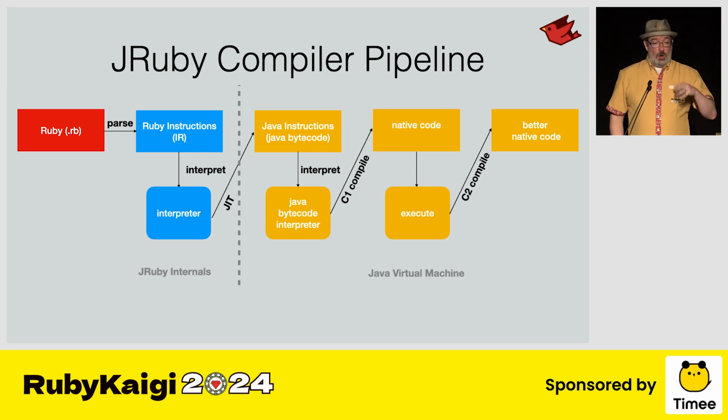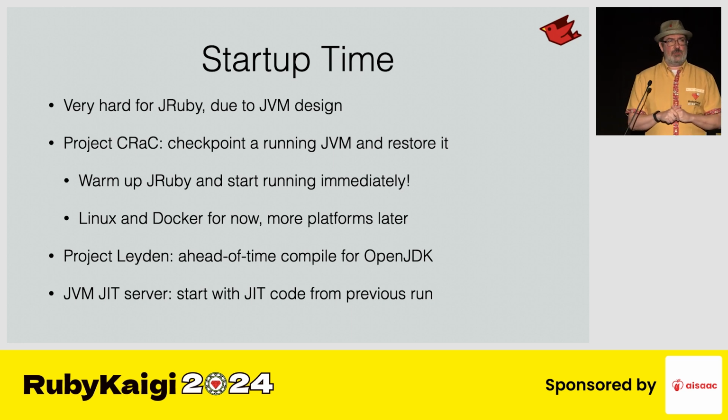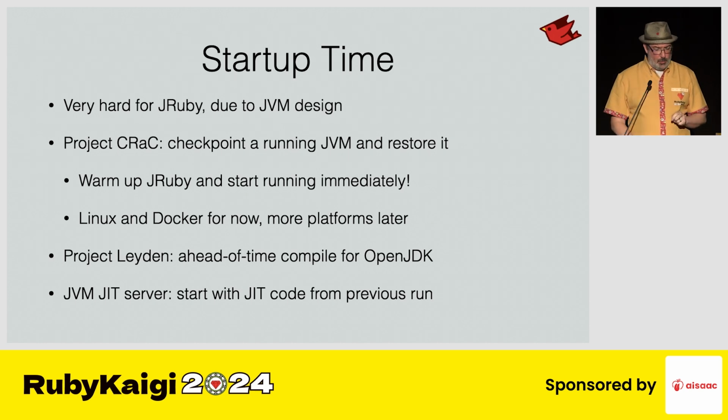Even worse, all of the Java code that's written actually goes through this same pipeline. So our parser, our compiler, our interpreter, all of the core classes start out being interpreted by the JVM. So it's very difficult for us to optimize startup time due to the way that JRuby and the JVM interact together. There's a couple new projects coming out. Project CRaC, kind of an unfortunate name. Coordinated Restore at Checkpoint, I believe.